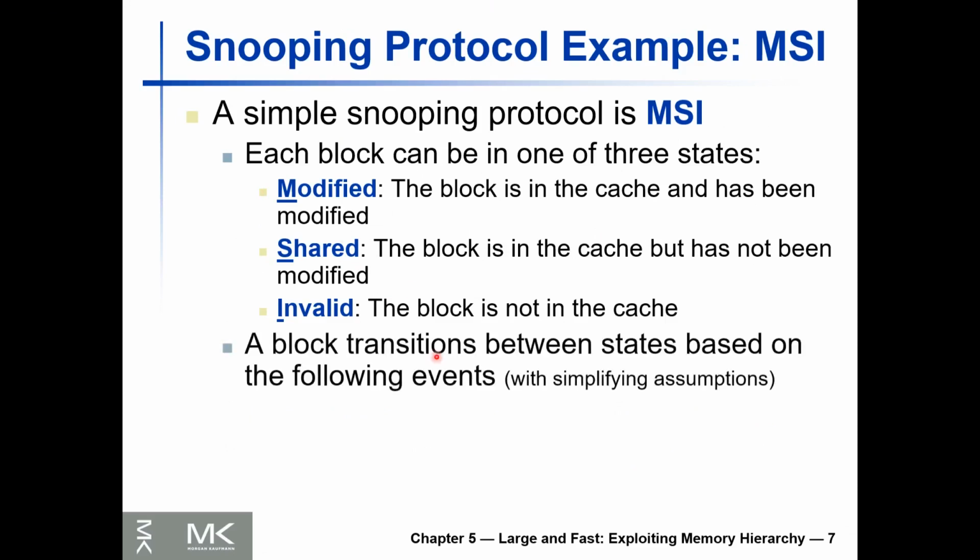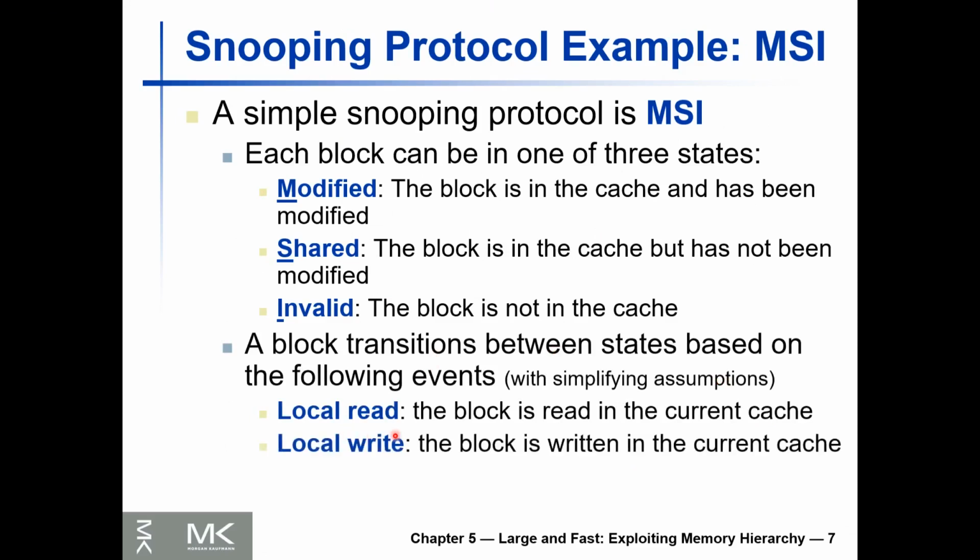We can also define transitions between these states. A block is going to be in different states at different times, transitioning from one state to another based on certain events. I'm making some simplifying assumptions here, but what are the events that affect the state of a block? A local read means the core that owns this cache reads a certain block. A local write means the core that owns the cache writes to the block.